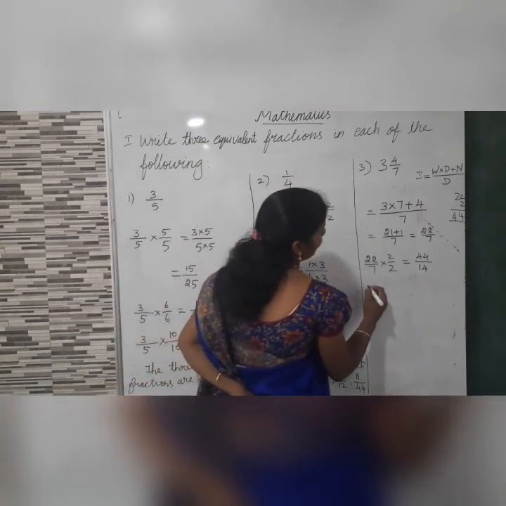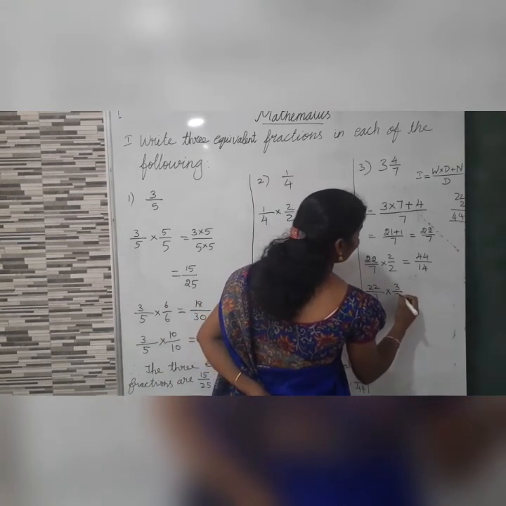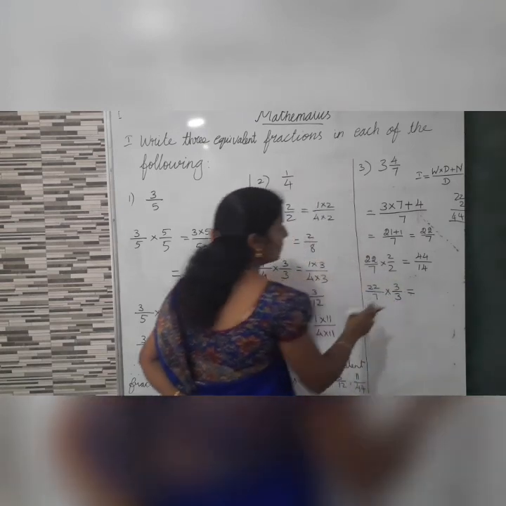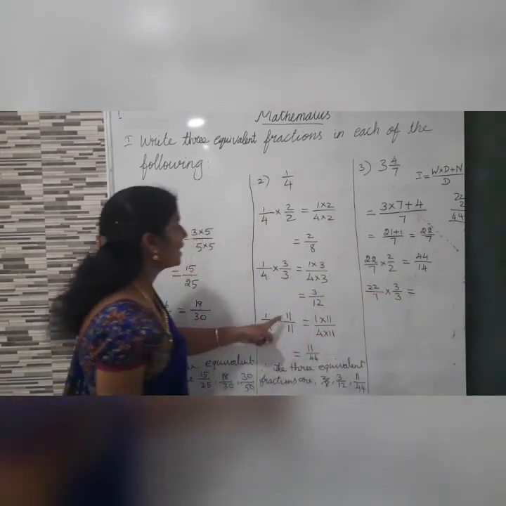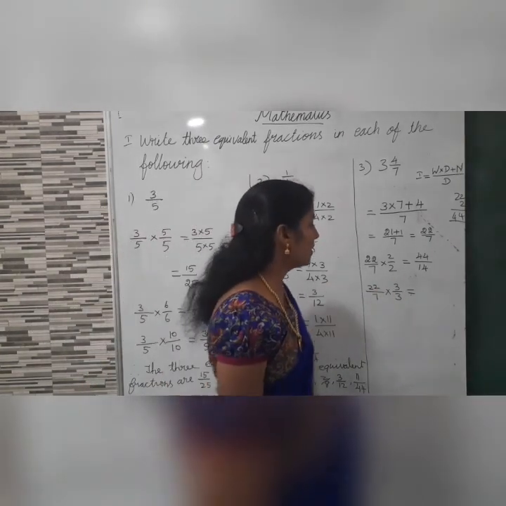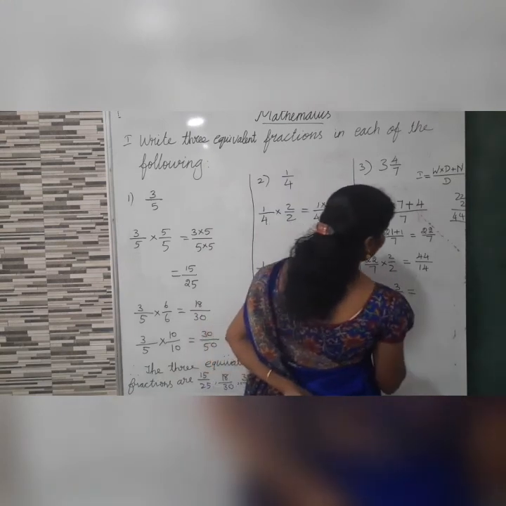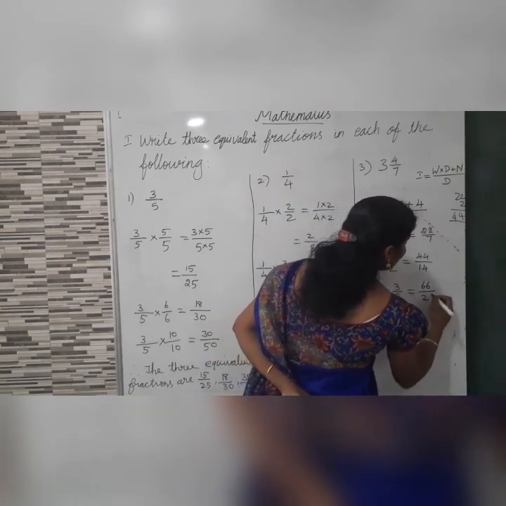Then second one, 22 by 7 into 3 by 3. We can take a simple number, multiplication is very easy, isn't it? If you take a big number, multiplication is difficult. So we can take a simple number. Now 3 into 22 is 66 by 7 3s are 21.